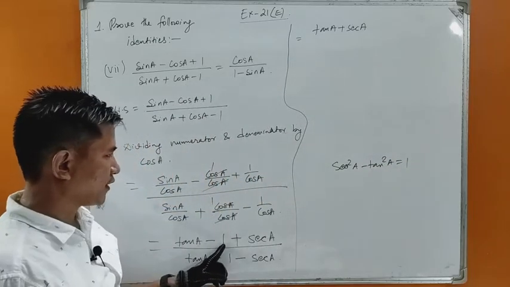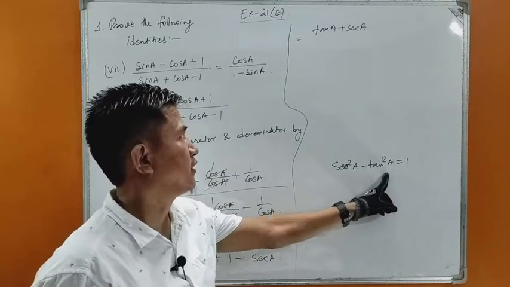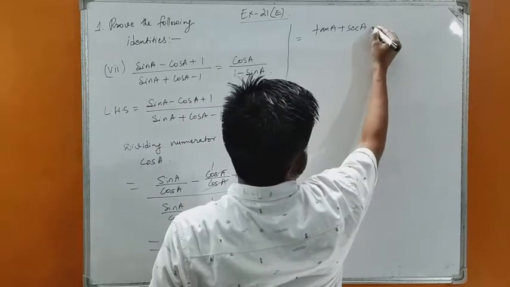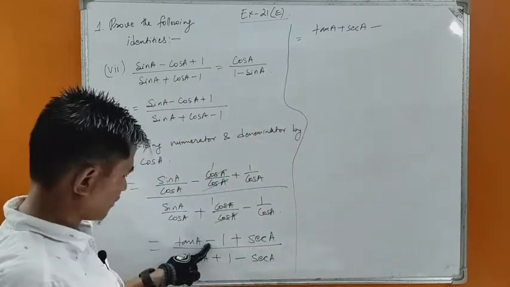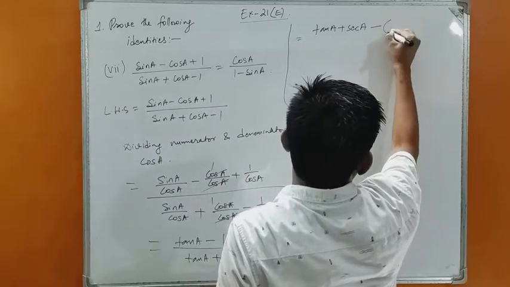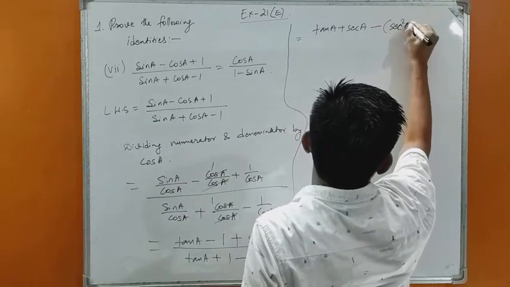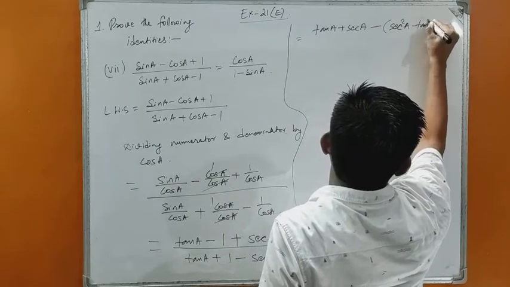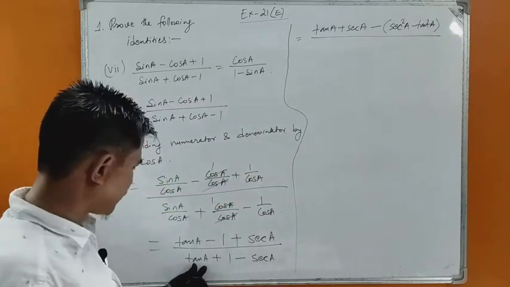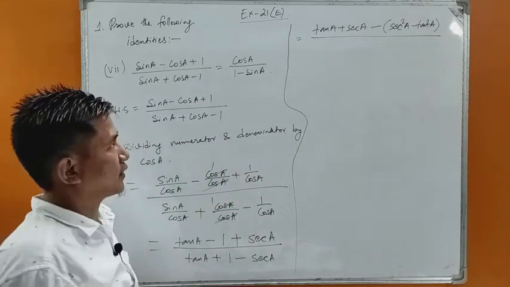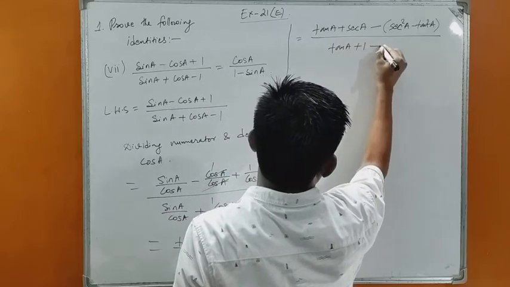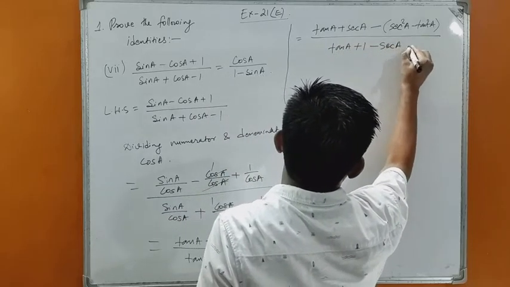So instead of 1 I can write sec square A minus tan square A. Now this minus comes here, and instead of 1 I write sec square A minus tan square A, whole upon, in the denominator we have tan A plus 1 minus sec A, isn't it?